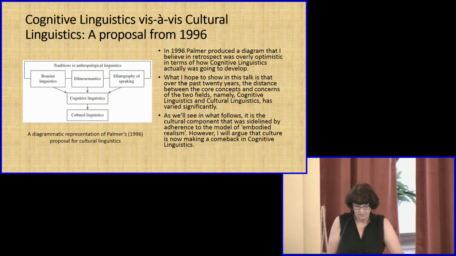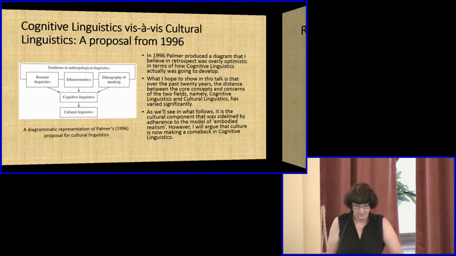As we'll see in what follows, it is the cultural component that was sidelined by adherence to the model of embodied realism set forth by Lakoff and Johnson. However, I will argue that culture is now making a comeback in cognitive linguistics.